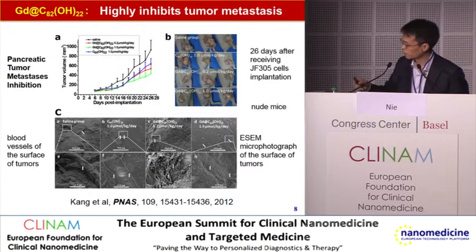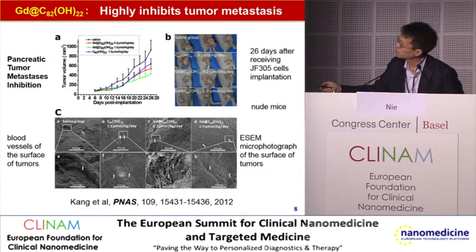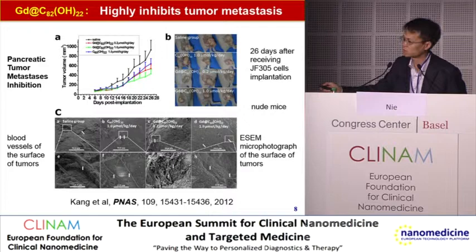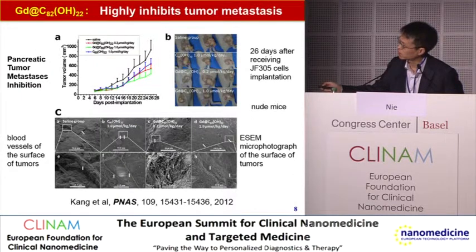More interestingly, we consistently found in different tumor models that it works not only on the primary tumor cells but also inhibits metastasis. For example, this is a pancreatic tumor model too.